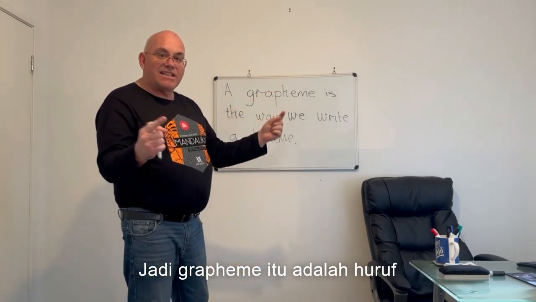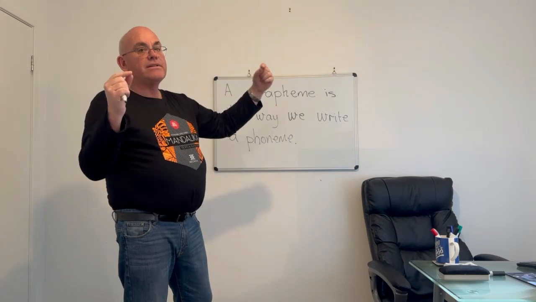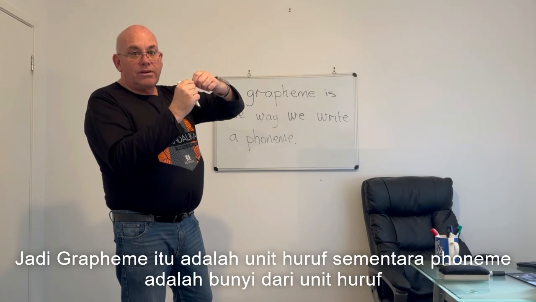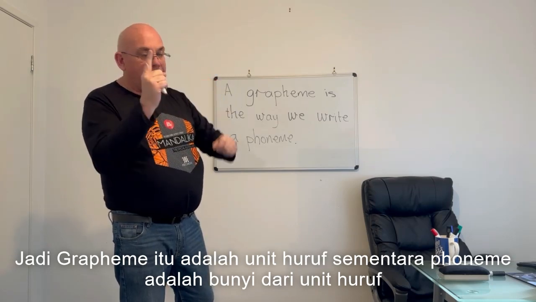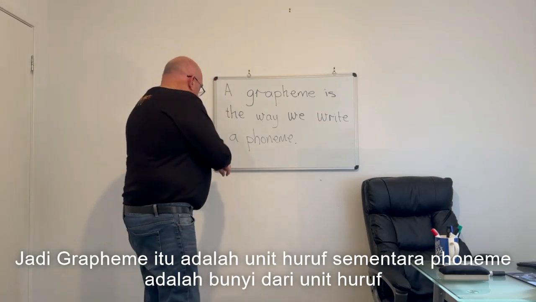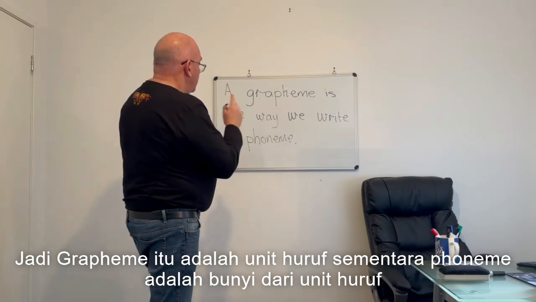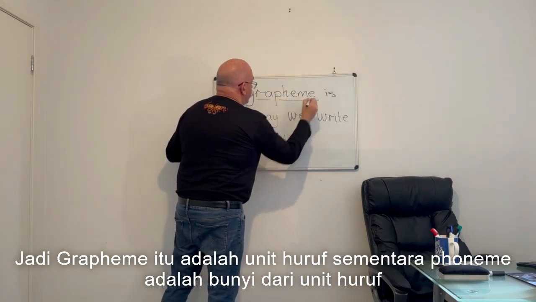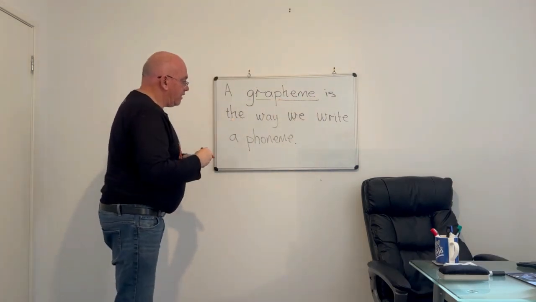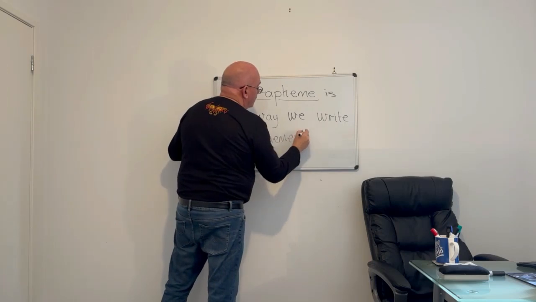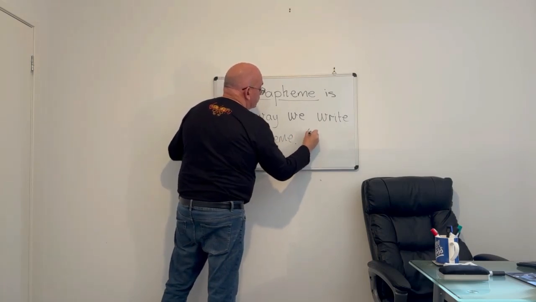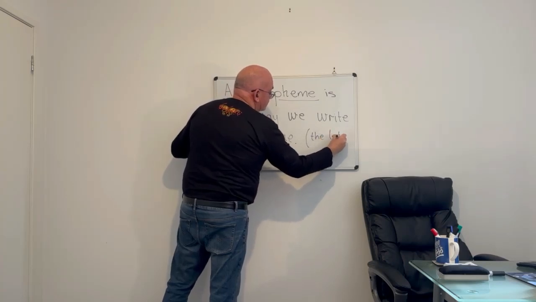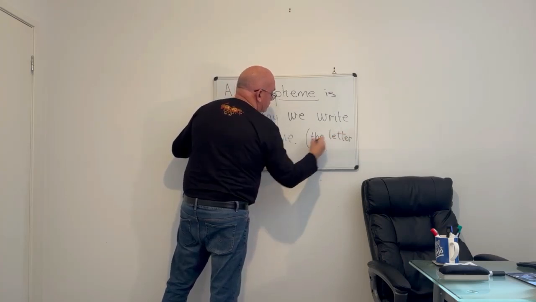And that's the connection between sounds and letters and words, or the way we write those letters. Now, I'll just give you some examples. A grapheme is the way we write a phoneme, or the sound, the letter sound.